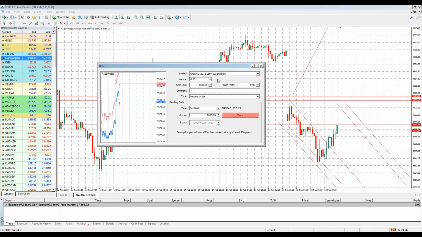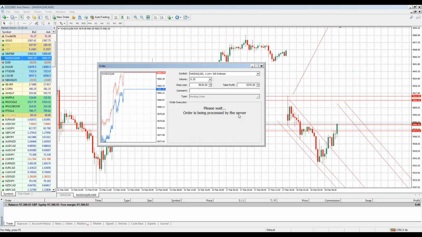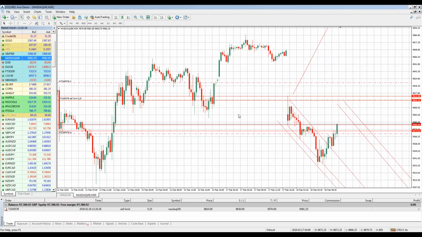And then take profit would be somewhere back down to where it already plunged to. Let's say back down halfway, 95.70. Place. Okay, there's my pending order.